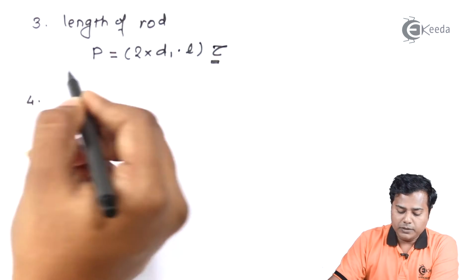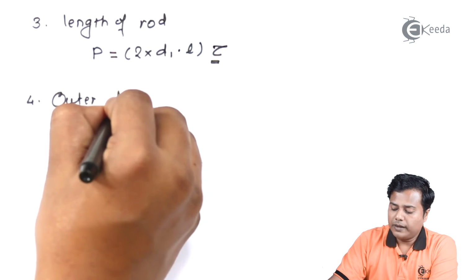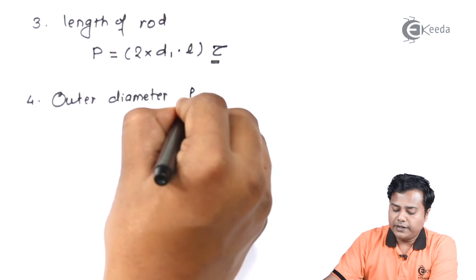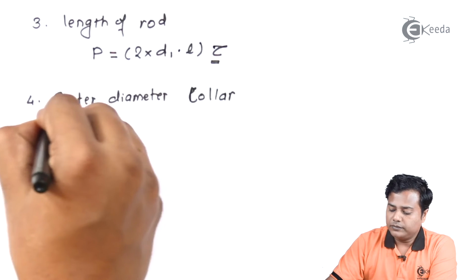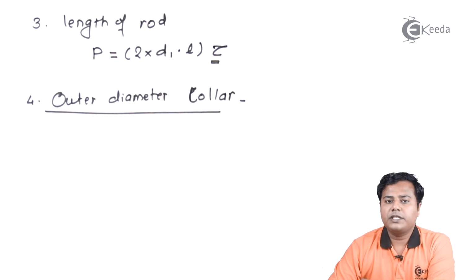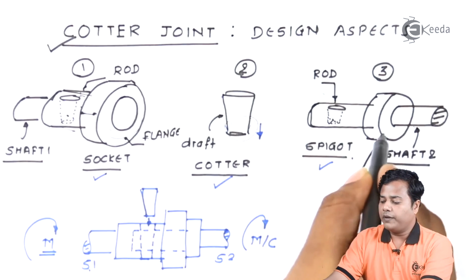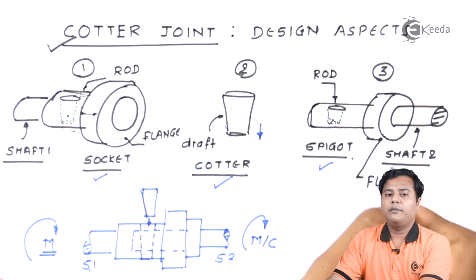The fourth formula comes up for the outer diameter of flange or collar. Flange or collar is one and the same thing. So we know that this part which we have called flange is also a kind of collar for that particular element.